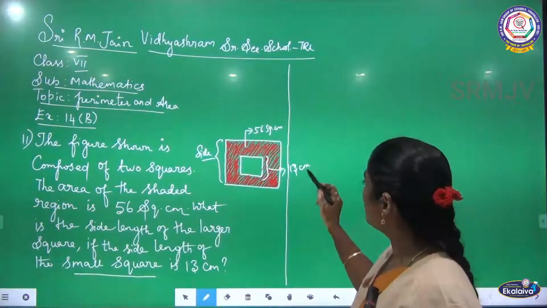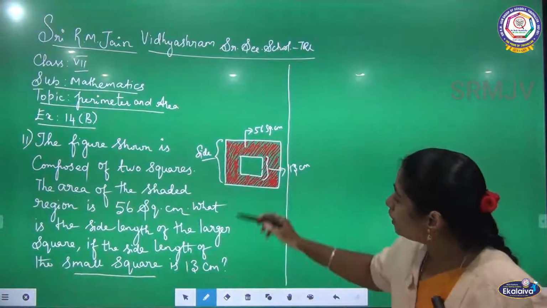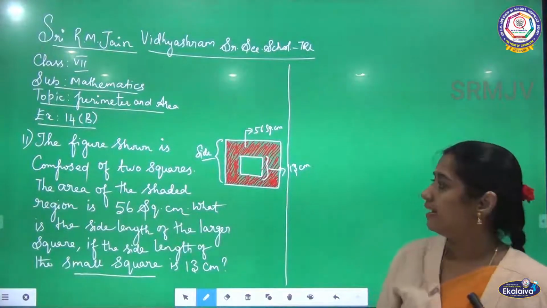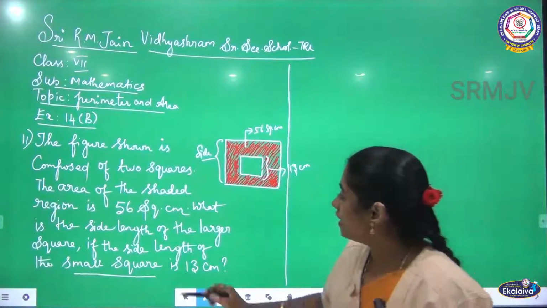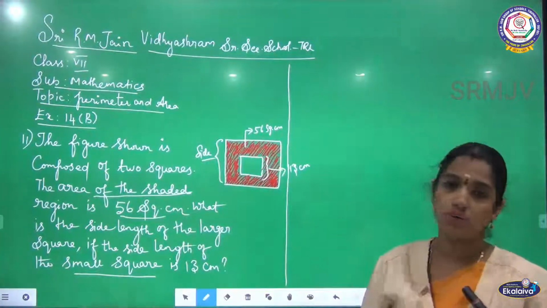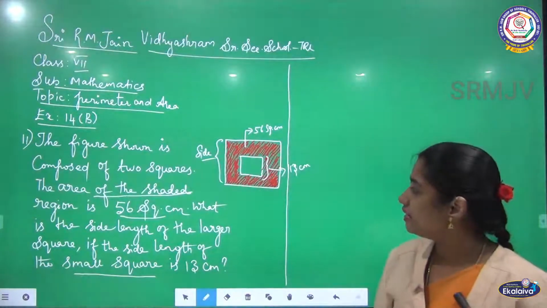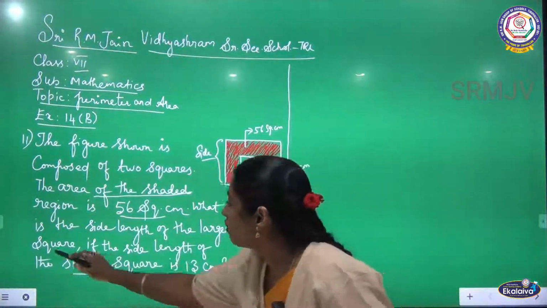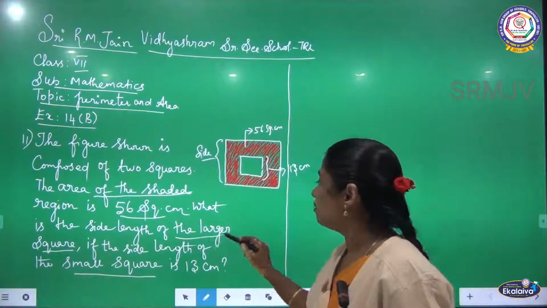They are given the side length. I am going to find out the largest square's side length. So, they are given the area of the shaded region, which is 56 square centimeter, and the side length of the largest square that we are going to find out.